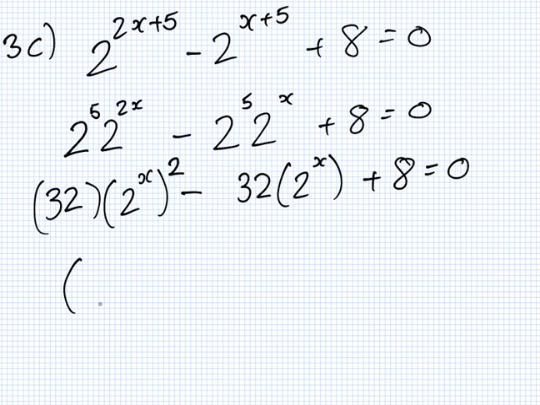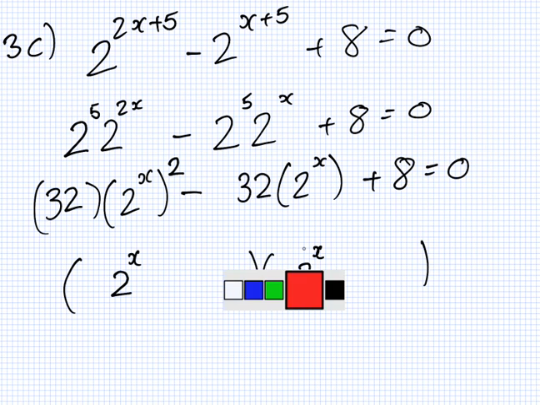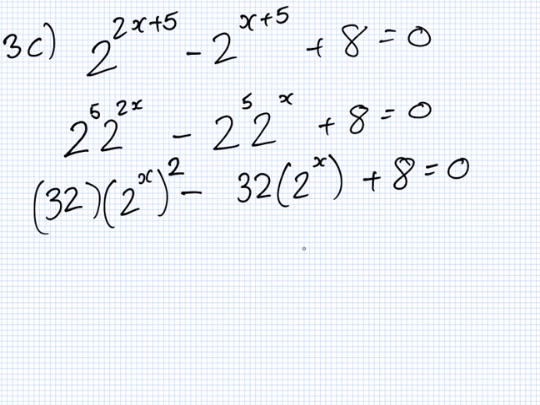So this is a quadratic again. We can try and find the factors. 2 power x, 2 power x. Now, I need my numbers to make 32 at the front, minus 32 in the middle, and 8 at the back. You know, I'm just going to use the formula.